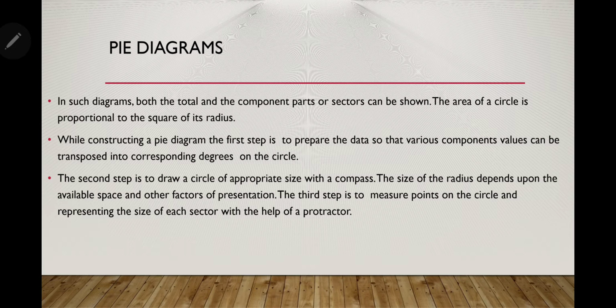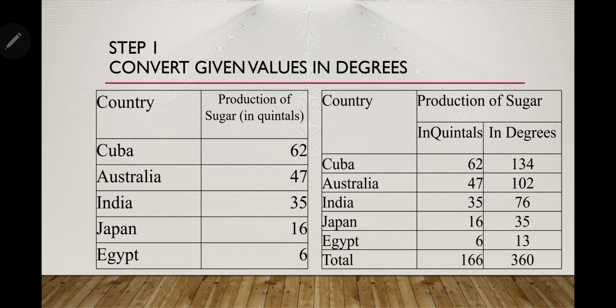Now coming to a pie diagram. A pie diagram is shown with the help of a circle in which a circle is divided into different sectors depending upon the value given. In order to draw a pie diagram, step 1 is to convert given absolute values in the terms of degree.